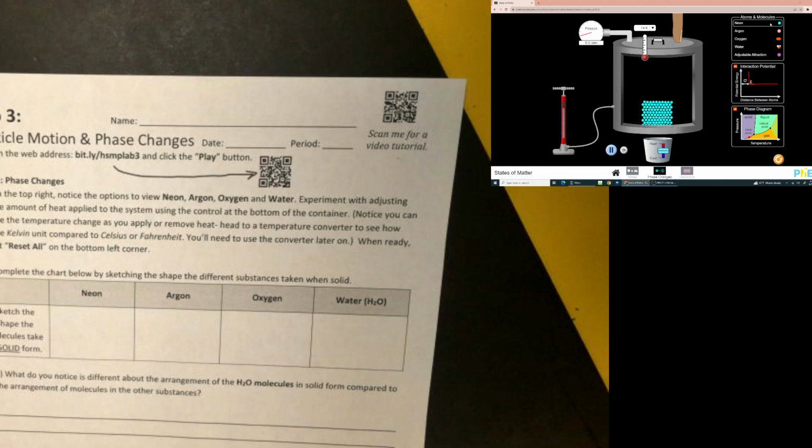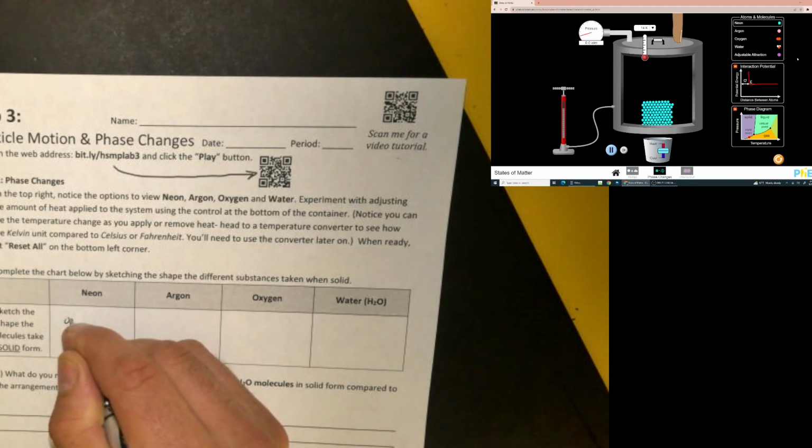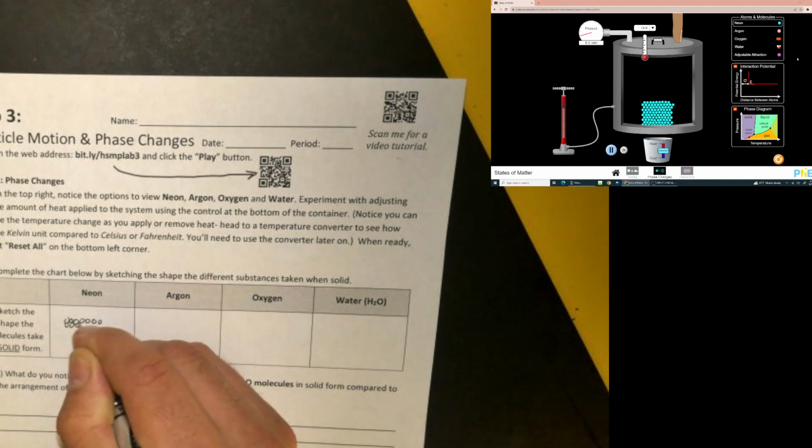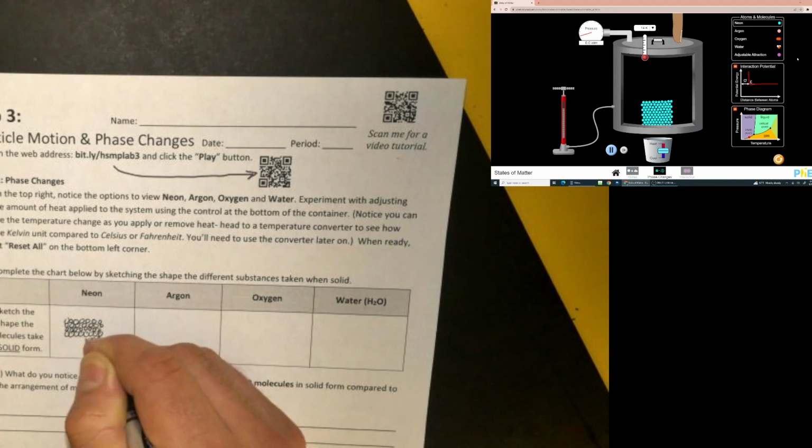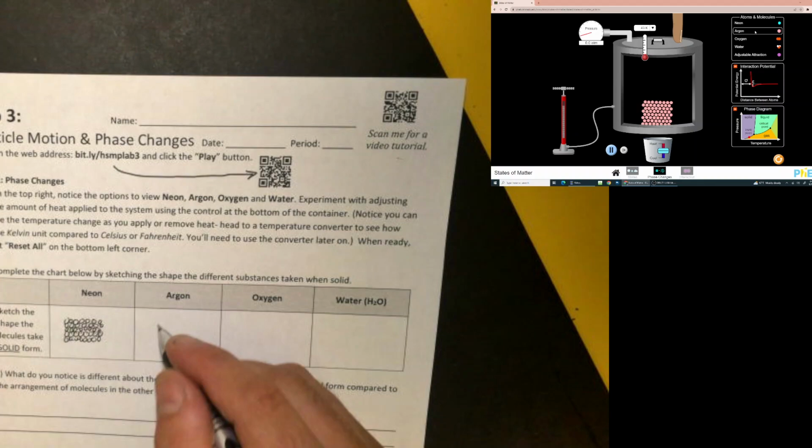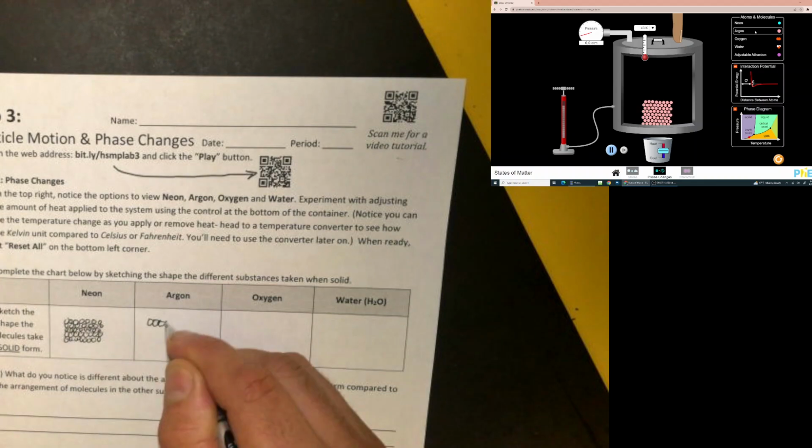For neon, I would just start off by drawing a bunch of little circles that represent our atoms, all in rows. You're going to do the same thing for argon. These are a little larger, so you might make them a little bigger.